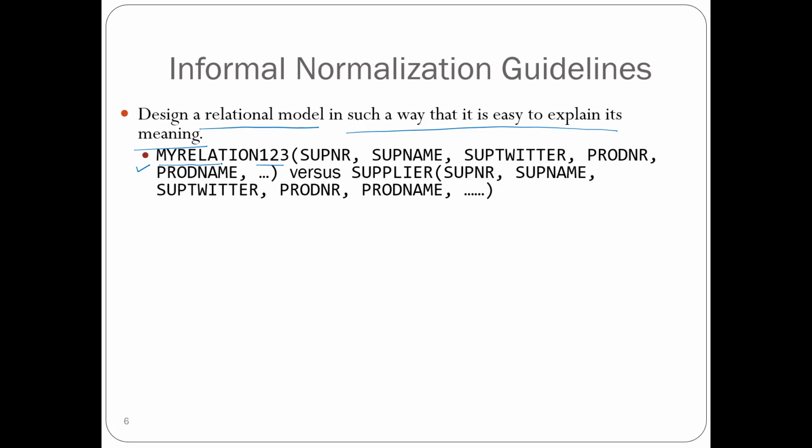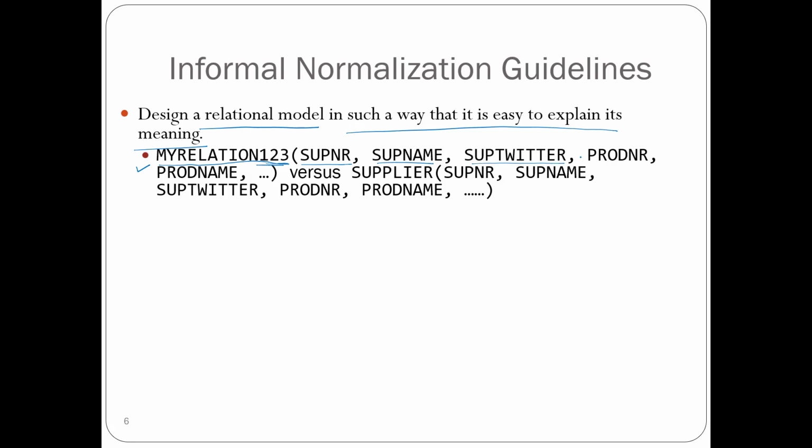Giving a relation name like my relation 123 is probably not a good idea, because by this name of the relation you are not conveying any information about the relation. In your relation, you do have these attribute types like SUP NR, which is supplier number, SUP NAME, supplier name, SUP TWITTER, right?